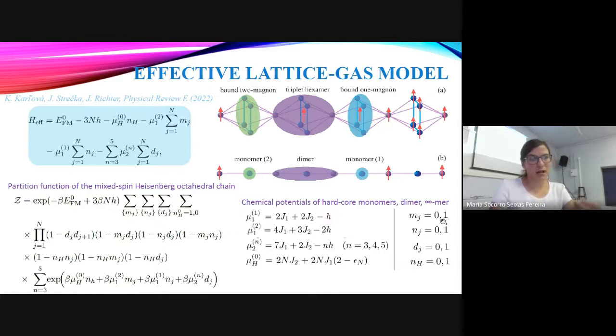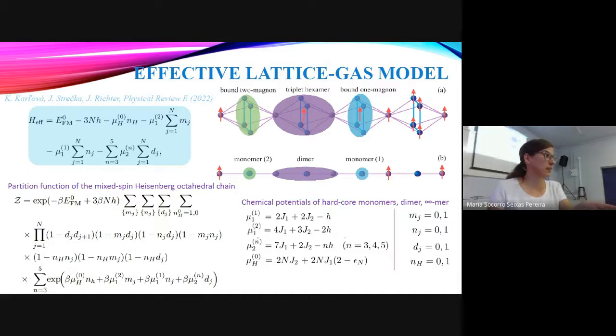We have also assumed the Haldane phase as one particle which is spread along the whole chain. And according to this, one can write the partition function, from which all thermodynamic quantities can be calculated.